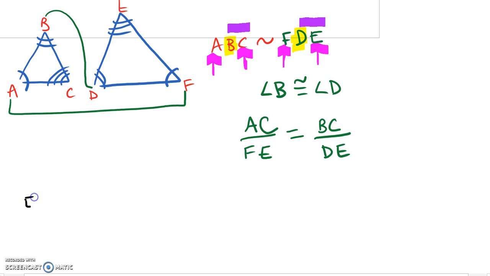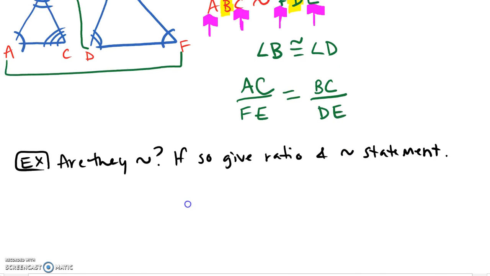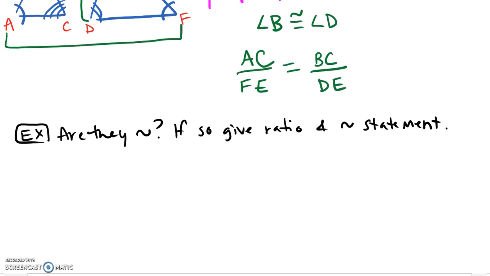Now for a couple quick examples. So are they similar? If so, give the ratio and the similarity statement. In order to be similar, the angles have to be the same and the sides have to be proportional.